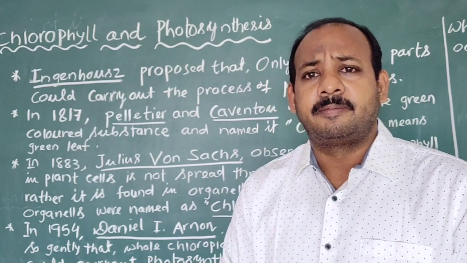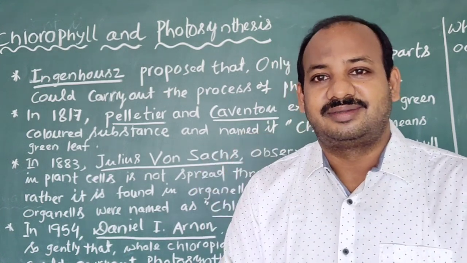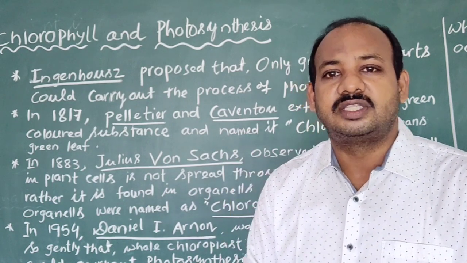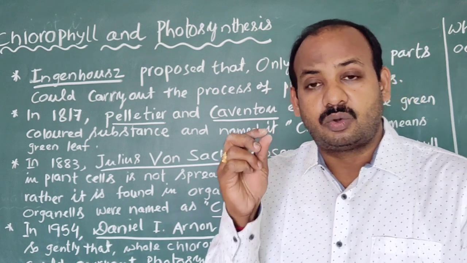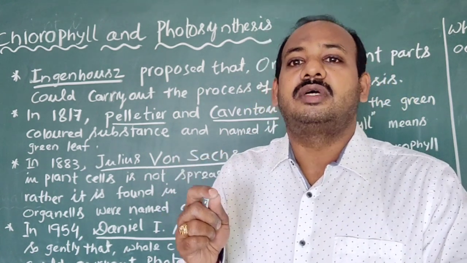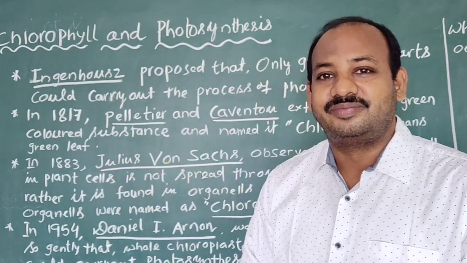Exactly, at 680 and 700 nanometers of the wavelength, maximum photosynthesis will occur. Okay, children. So chlorophyll is a pigment, and this pigment was named by Pelletier and Caventou.